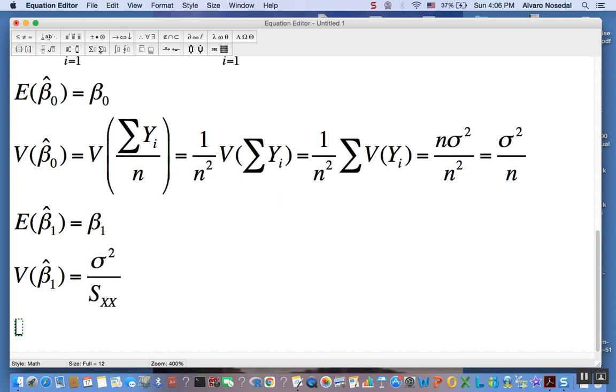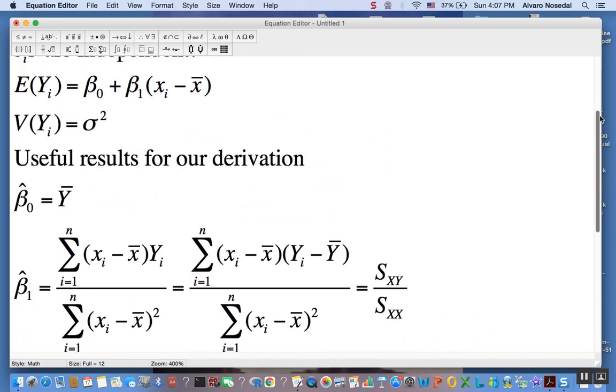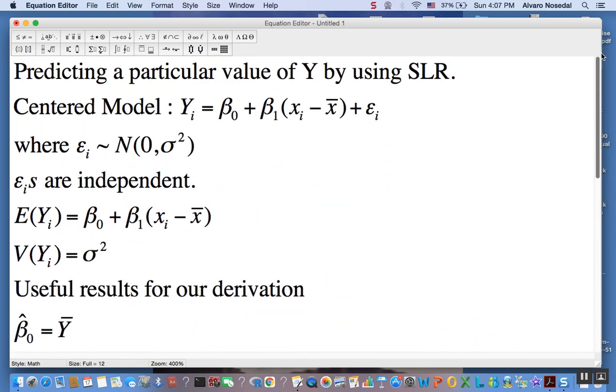Our problem is predicting y star, given our model. Y star looks like this: beta 0 plus beta 1 times x star minus x bar, plus epsilon star.